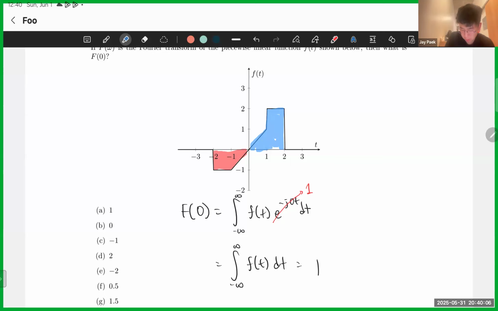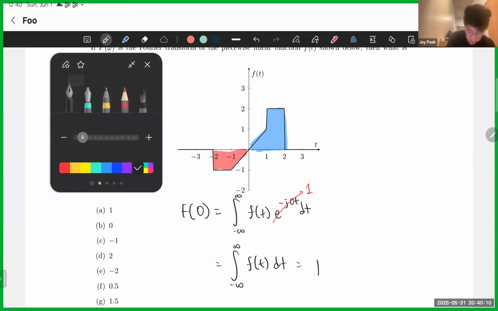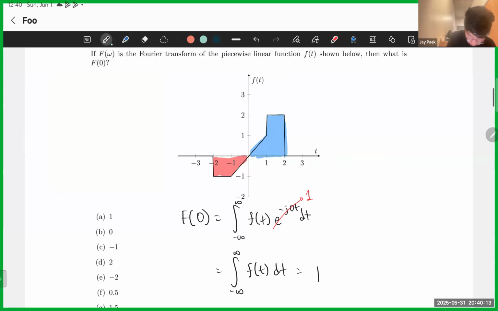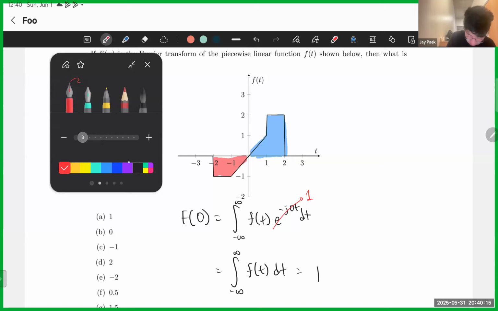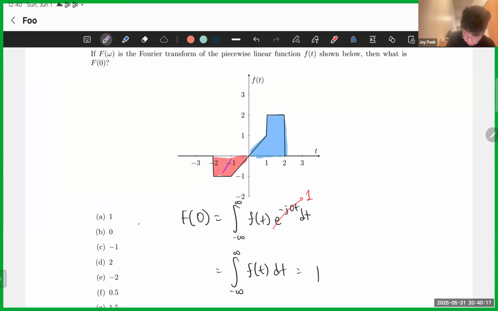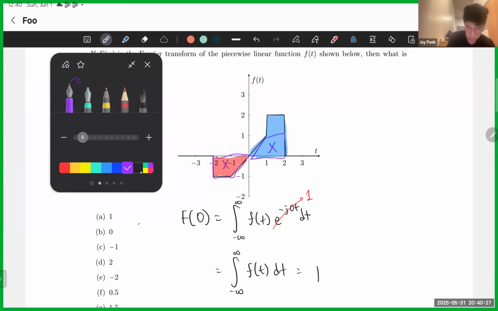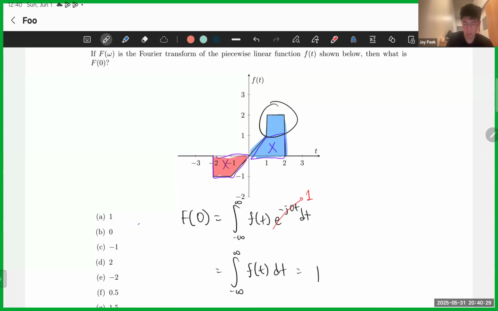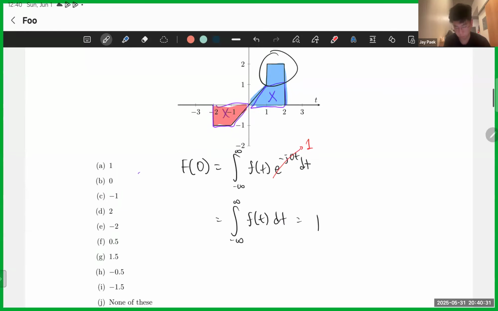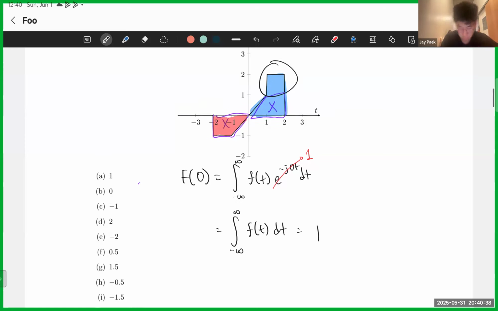And so the trapezoidal areas cancel out, and all we have left is this blue section. Let me do it in purple or something. This cancels out with this. And so all we need to worry about is the unit square that we have over there. And then the area over the entire curve is just 1.